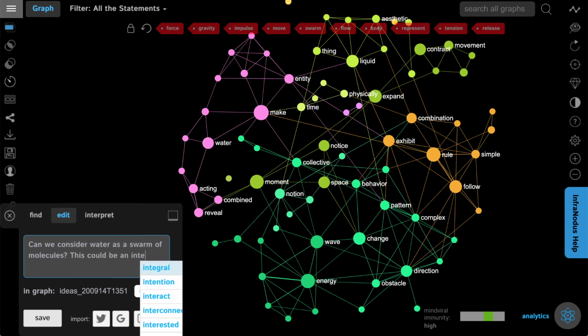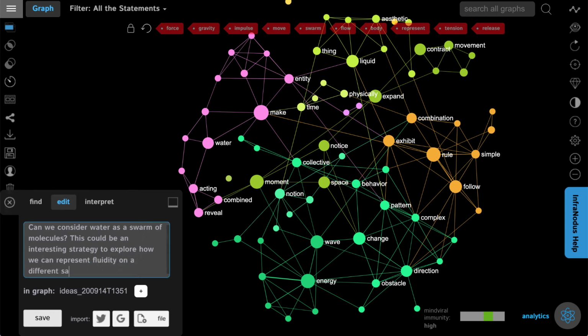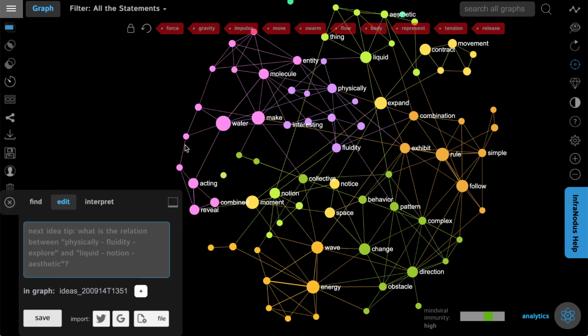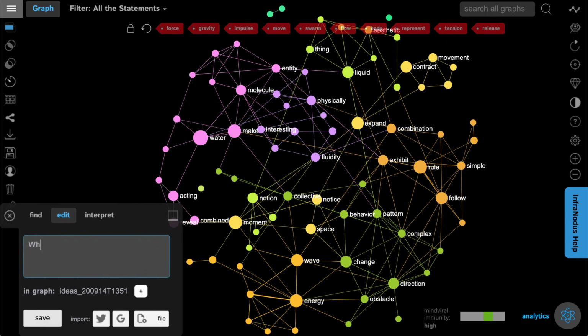This could be an interesting strategy to explore how we can represent fluidity on a different scale through the body physically. Bodies as water molecules. So this is a new idea that was generated because we saw that there were some interesting connections to be made. What are the rules that water particles can follow to become a swarm?